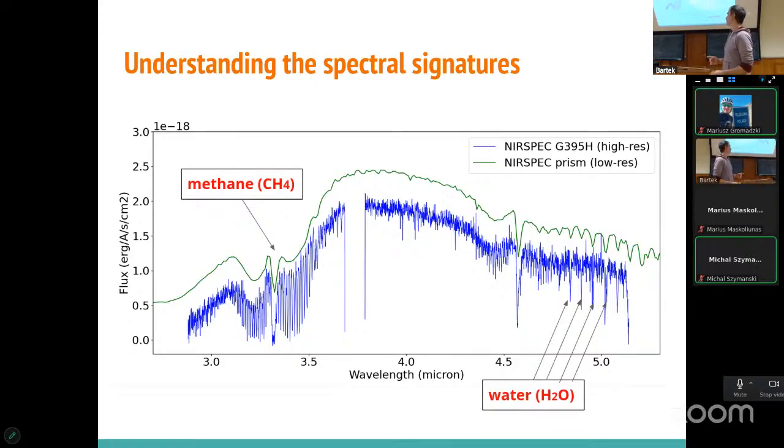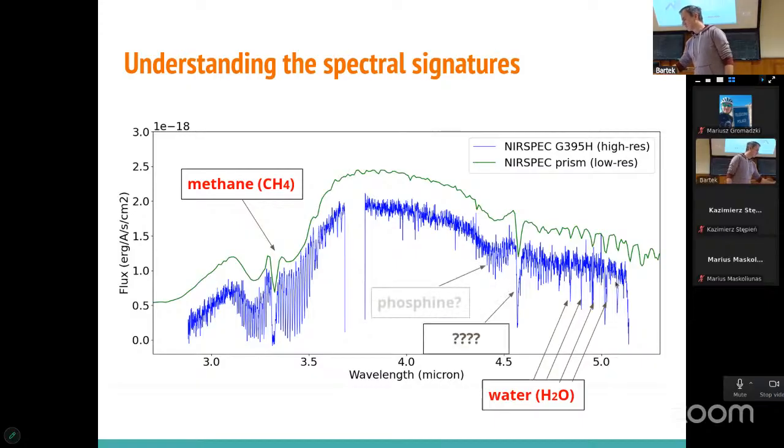So we already know this is coming from methane, a prominent absorption feature from methane, and water bands. Yes, water vapor absorption here. And then we noticed that there is something here and something here. At first we thought that one of these could be related to phosphine, now quite a famous compound because of the Venus observations.